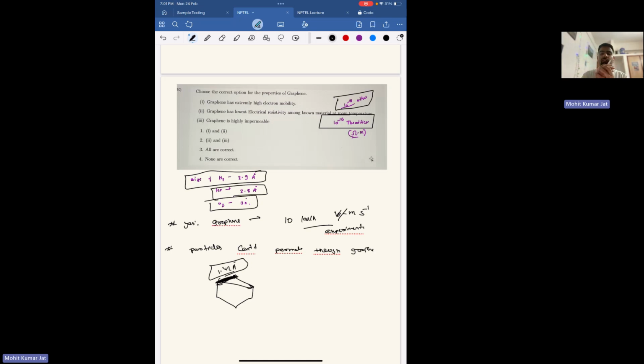So they cannot pass through it. It is like a shield which doesn't allow the molecules to pass through it. If they can't pass through it, it's highly impermeable. So all are correct. The correct answer is the third, that all are correct in this case. So that's what the answer is.